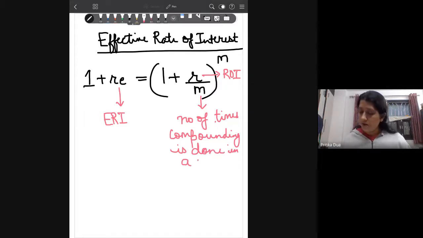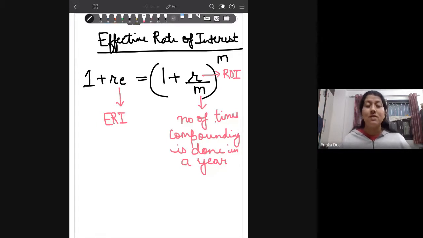So if compounding is done twice a year, that is, it is a case of semi-annual interest, then M will be 2. You divide the rate of interest by 2 and multiply the time period, that is the year, into 2. So 2 would be the number of times compounding is done.